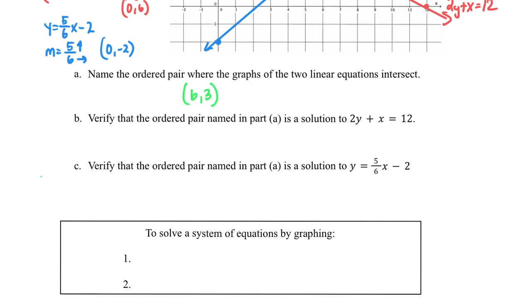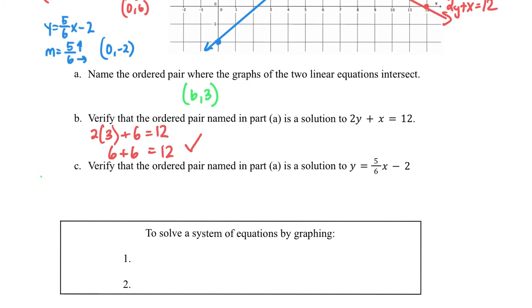So if I go to the first equation here, we want to verify that (6, 3) is a solution to this equation. Well, how do I do that? I plug in. So I'm going to plug in 3 for y, and I'm going to plug in 6 for x, and that's supposed to equal 12. So that's 6 plus 6 equals 12. That's a check. What about the other one?